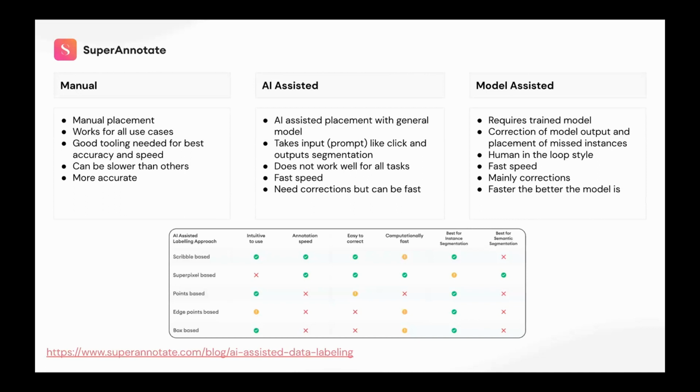So here, what becomes very important is to provide a very nice and intuitive UI on top of your algorithm, which should be super precise. You need to combine those two to get something usable. Model-assisted labeling requires a trained model, which oftentimes you don't have right away, and it can be extremely fast because you don't even interact.